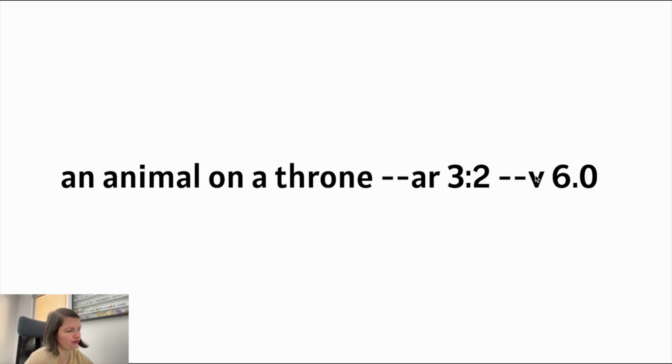And --V stands for Midjourney version. This is version 6, and this one you don't have to enter. Actually, it goes in there automatically right now. But if you want it for any reason to generate in an older version, then you can do it, and you will go --V, and let's say 5.2 will give you the previous version of Midjourney. I almost never use any other settings for my prompts.